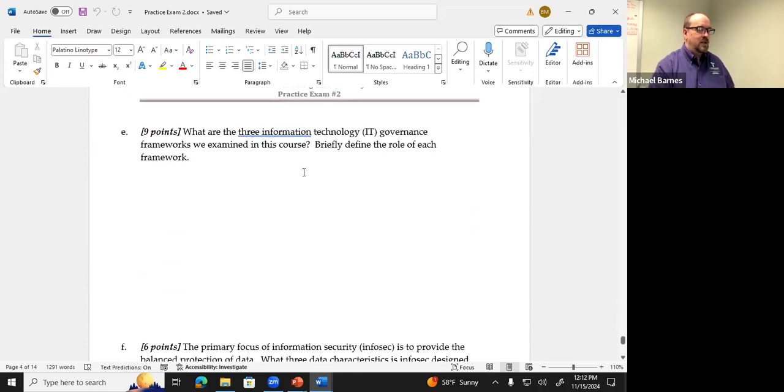All right, what are the three information technology IT governance frameworks we examined in this course? Briefly define the role of each framework. So we have COBIT. By the way, if I asked you a question like this on the exam, you do not need to know the detailed names of each. You don't have to tell me what COBIT stands for, which means Control Objectives for Information and Related Technologies. You can just tell me it's COBIT and that's fine, okay? But you will need to tell me that COBIT focuses on IT governance and management.